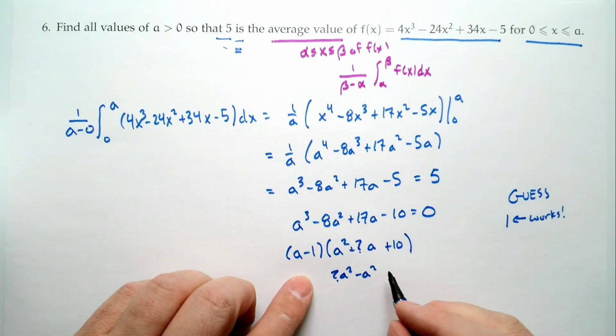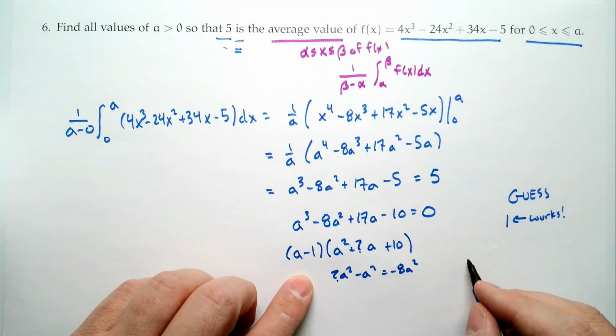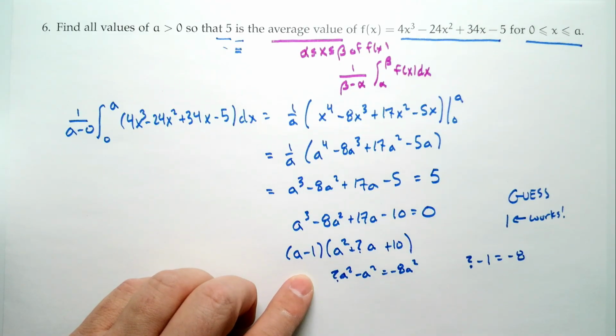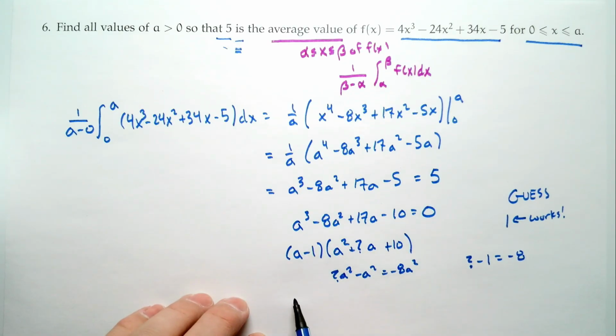And that's got to produce a minus 8a squared. So what do I need? I need question mark minus 1 to be minus 8. So what's this number? Negative 7.